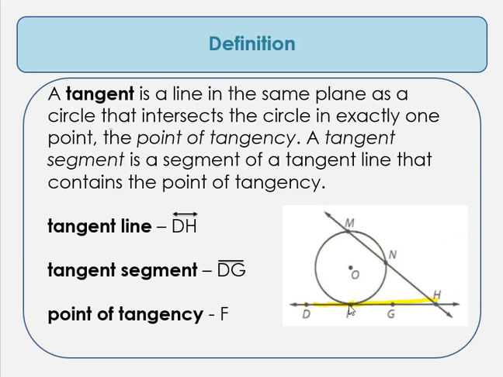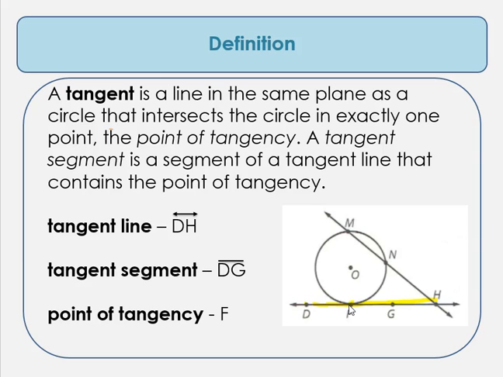We have a tangent segment, and that tangent segment that also intersects the circle is segment DG. So you have not only the whole line DH, but you have segment DG. You could also call the segment DF if you want to. You could actually name the line DF.